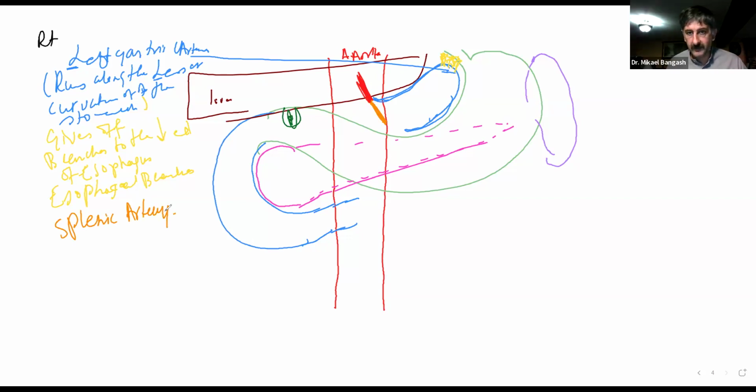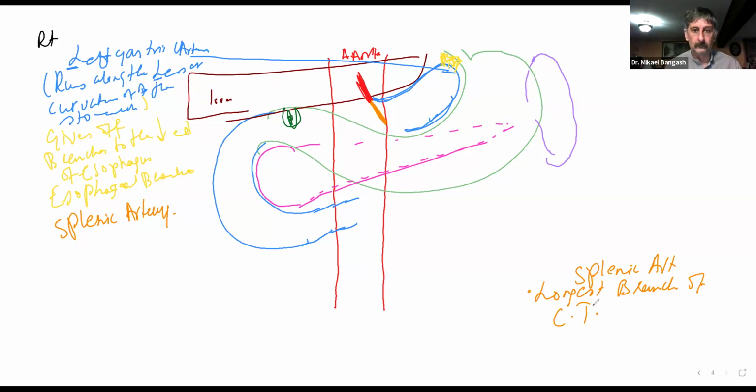Now, two things about the splenic artery. First is, it is the longest branch of the celiac trunk. So out of the three branches that arise off from the celiac trunk, the splenic artery is going to be the longest.